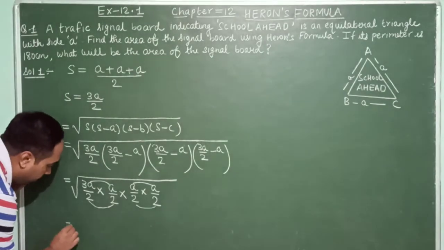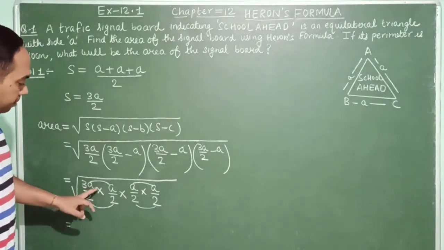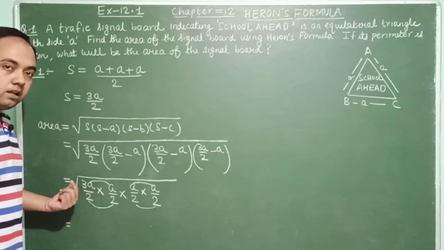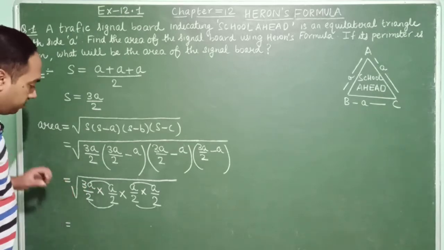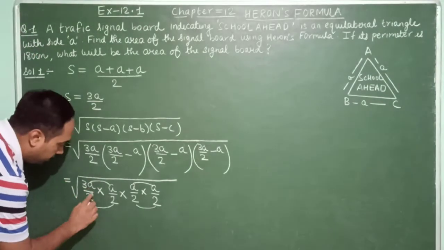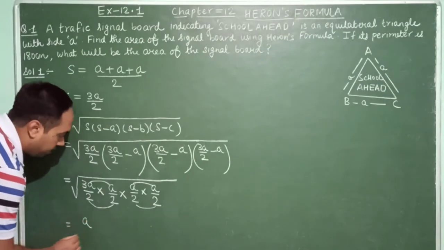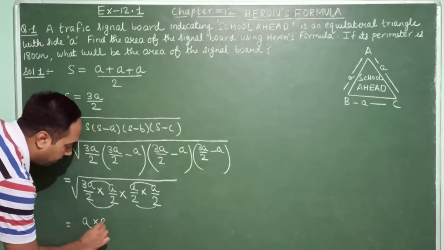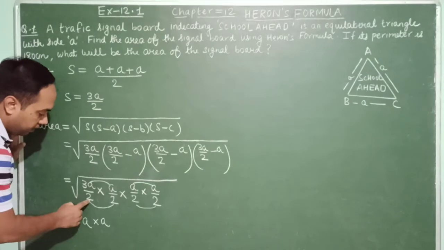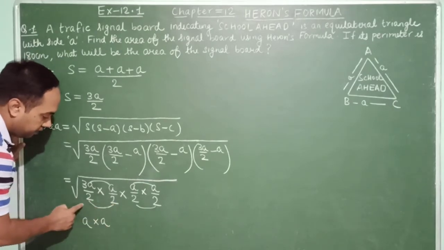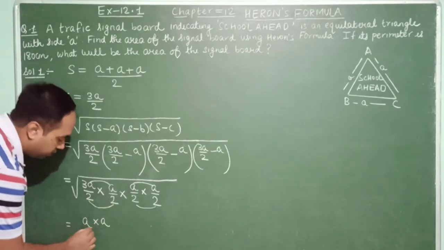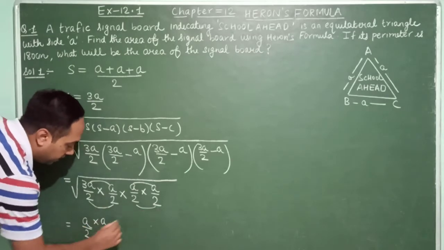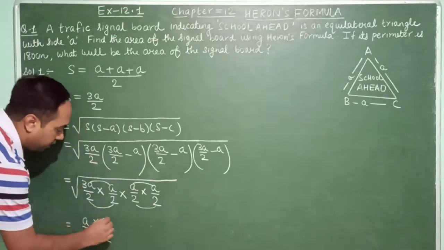So now from each pair one digit or one alphabet will come out. From the numerator, from this pair an A will come out, and from this pair again one A will come out. From the denominator part, from the first pair this 2 will come out, and from here also one 2 will come out, and what remains inside?